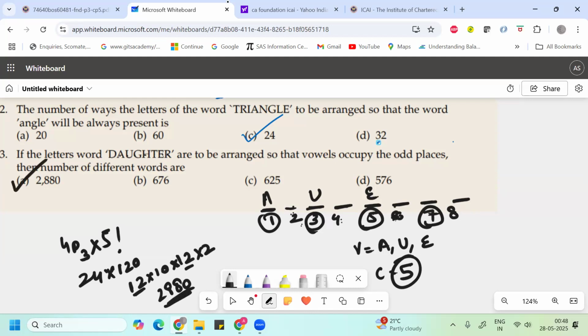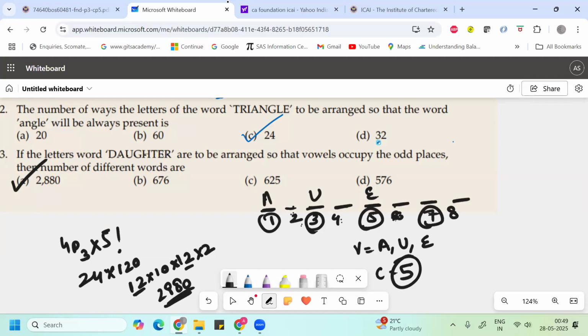So first, there are a total of four odd places, but I have only three vowels. It's like four chairs are there and three persons are there. So the three vowels can come out of four places, and the number of ways they can be placed is 4P3.